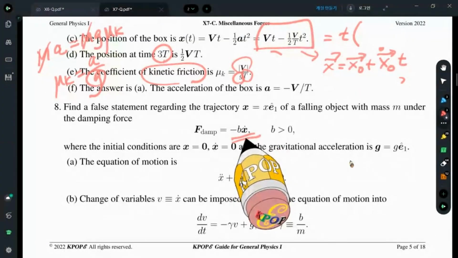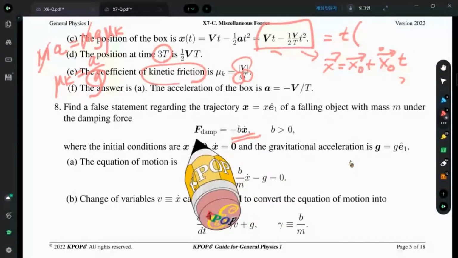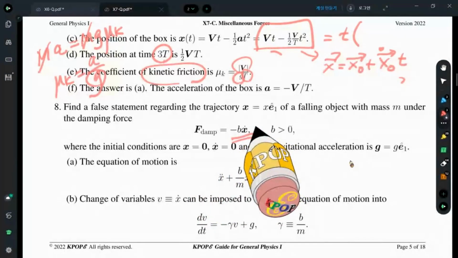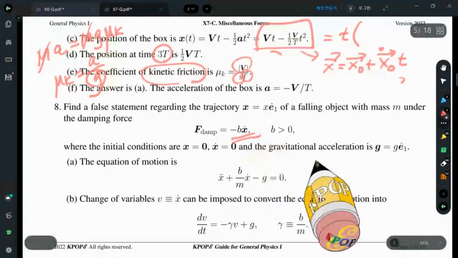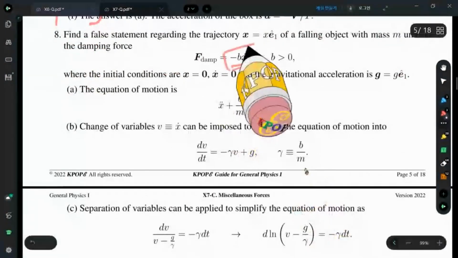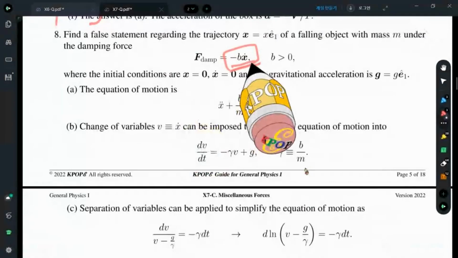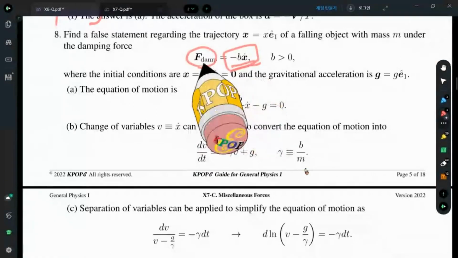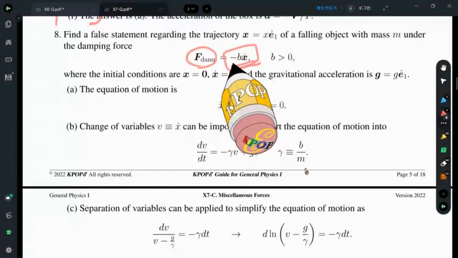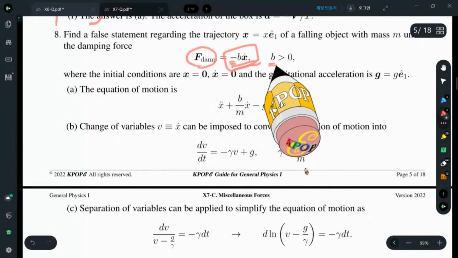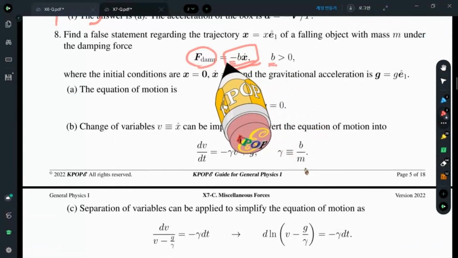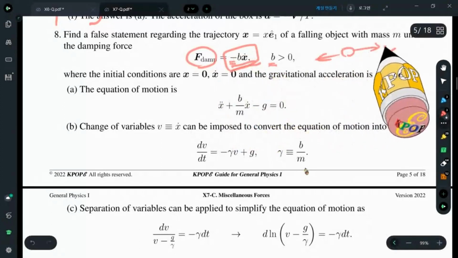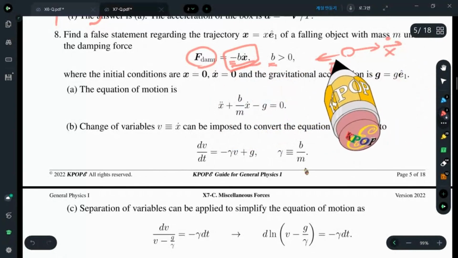For example, if you launch a rocket, you will experience a very high power in V. But in our case, let us just consider a simplistic case, an approximation as linear. The damping force is linearly proportional to the velocity in the opposite direction, because b is positive, minus b is negative, and minus bv is opposite to the motion. Velocity is along this direction, and the damping force is opposite.